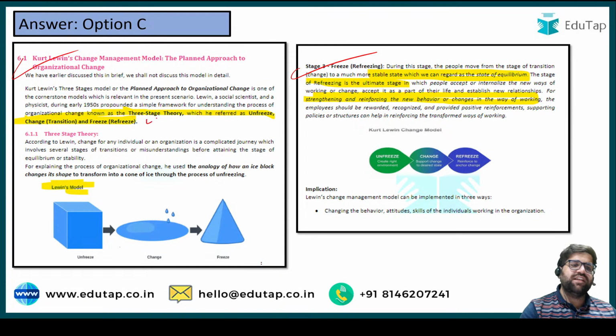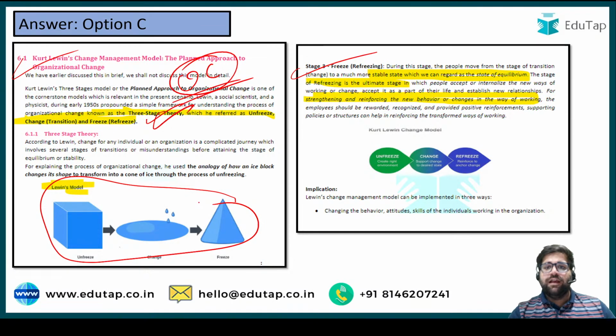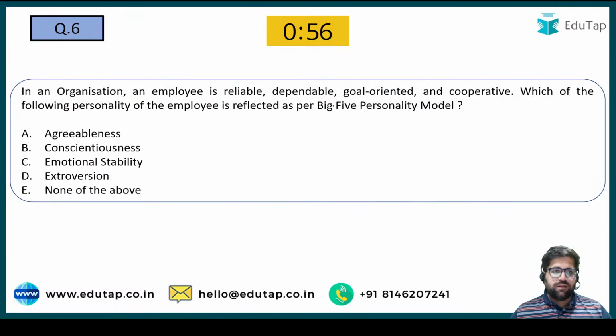This is the 3-stage model which we have discussed under organizational change, and this is a diagram which we have used to explain to our students. Refreezing, my friends, is also known as the state of equilibrium, and under this stage we have an approach of strengthening plus reinforcement, so that all the change which we have done stays there for a long period of time.